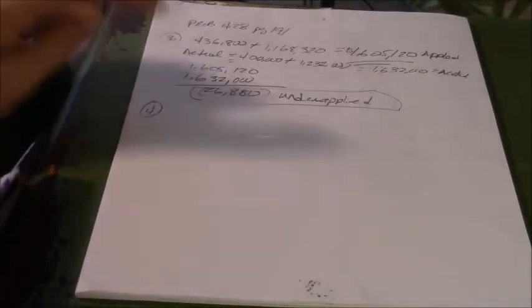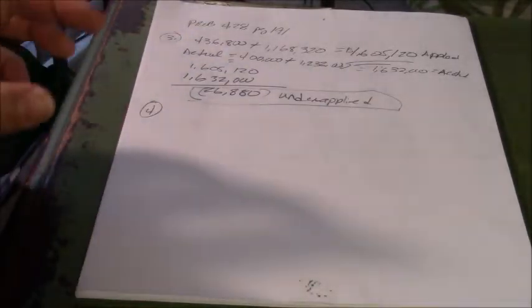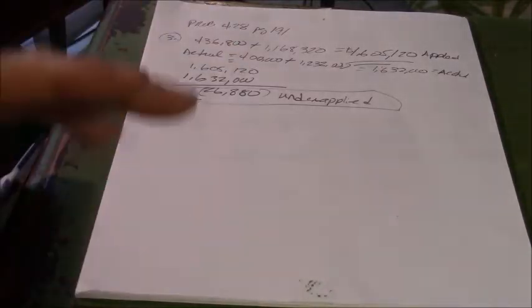Now, if that was a humongous variance and it was material, well, then we'd have to go back and apply it. Okay, how much is in work in process? Put that there. How much is in finished goods inventory? Put that there. How much have we put in cost of goods sold? Right, so you'd have to figure that out, but we're not. We're just going to plug it all in cost of goods sold, which is what most people do. Hopefully you're estimating your overhead well enough to do that.